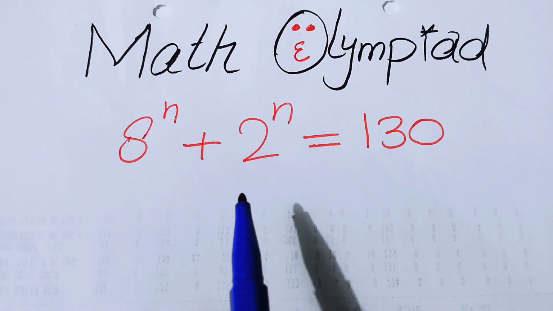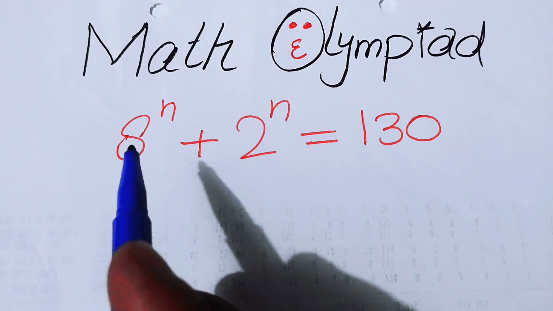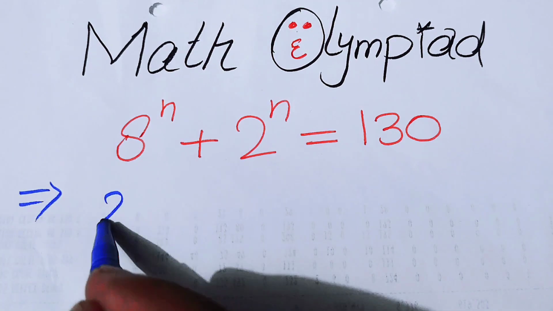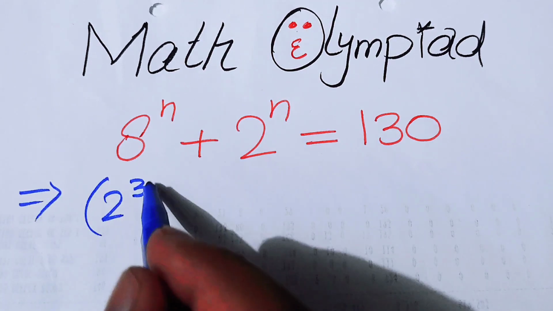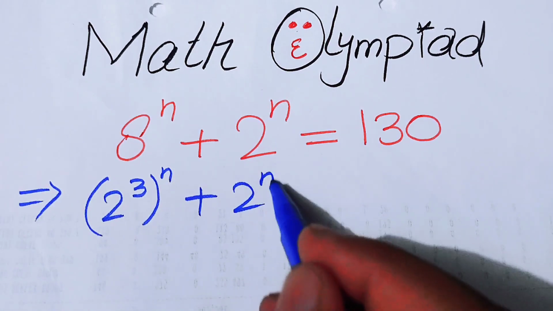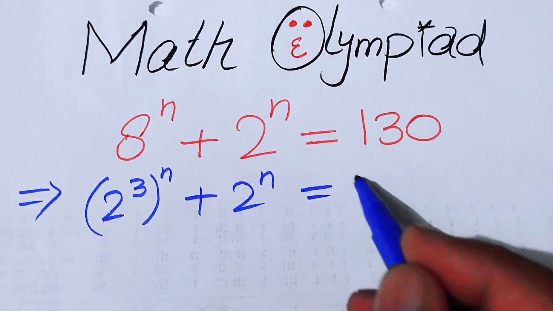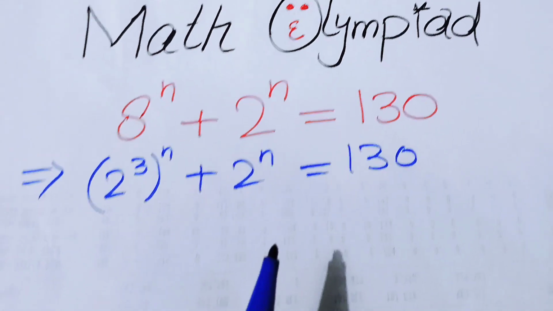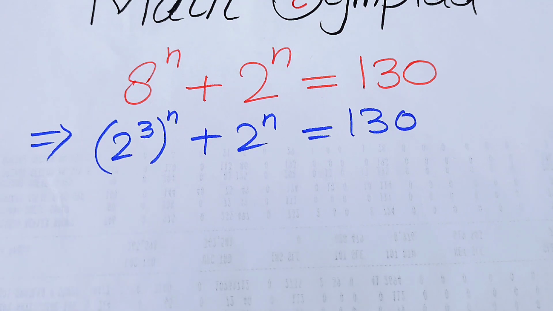So the very first thing we are going to do is write this 8 as 2 to the power of 3, and its whole power n, plus 2 to the power of n is equal to 130.